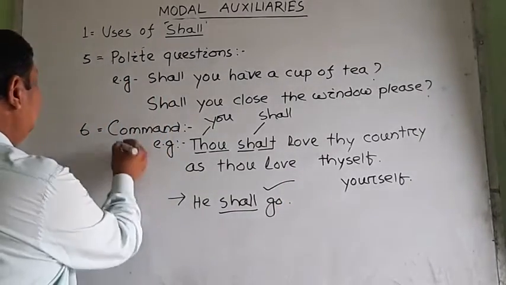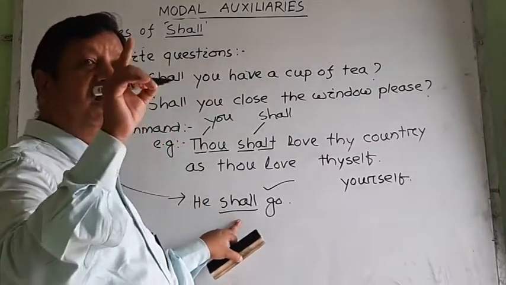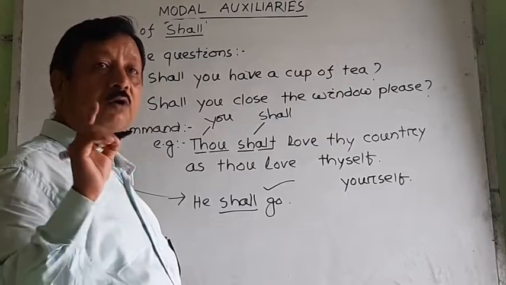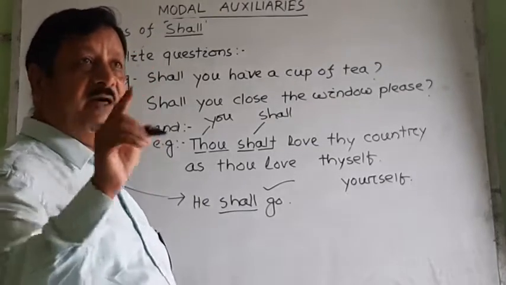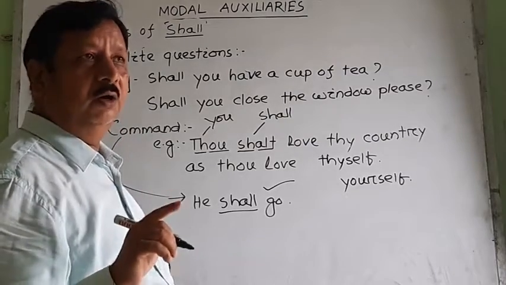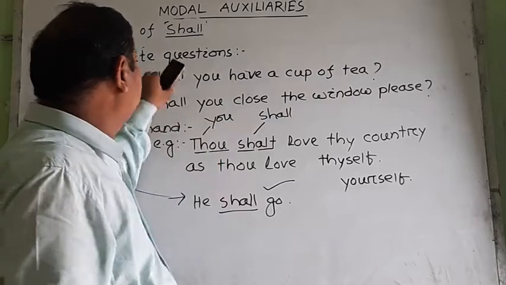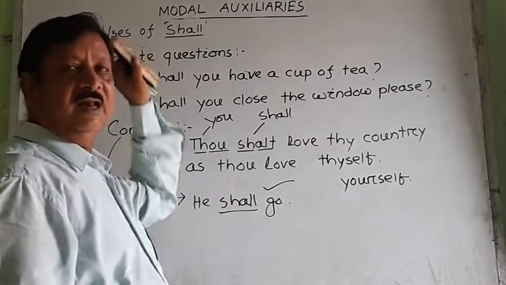It expresses command. So it is a commanding voice. He shall go. That means someone commands that it is mandatory for him to go anywhere else. He is instructed to go, or he is generally directed to go. So this is all the uses of shall.